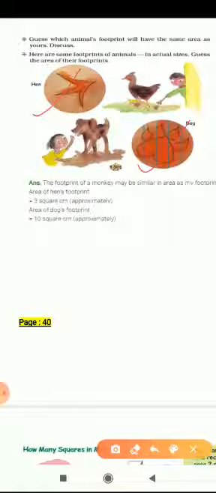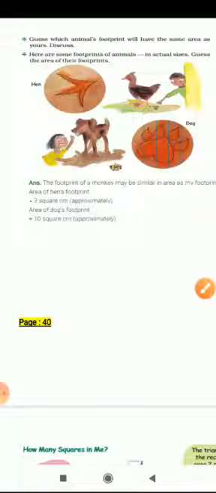Same way, same method, you can use by counting squares. You have to draw 1 centimeter squares on this footprint and then count it as we counted in the hand tracing examples. So you may get an answer like the area of the hand's footprint is 3 square centimeter approximately.